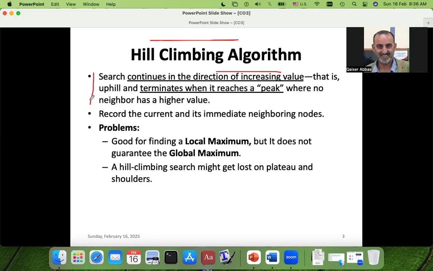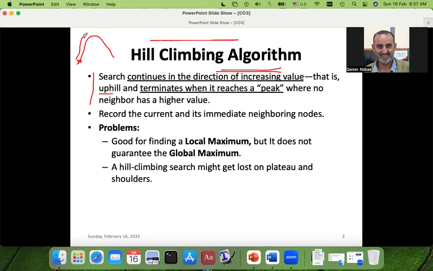So it will start with some random initial state, and then move on to the next steps in the direction of increasing value. You can call it an uphill direction. For example, if this is a hill, you start with this and then you go like that. So you can say it is like an uphill, but take it as conceptual only.